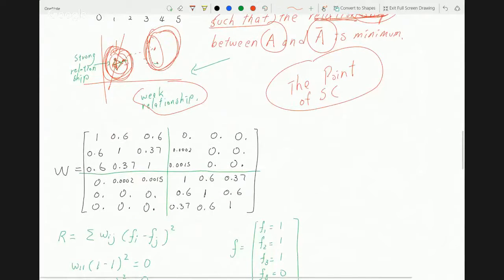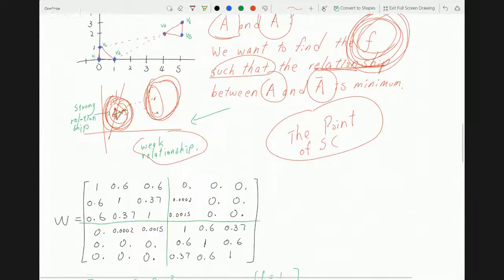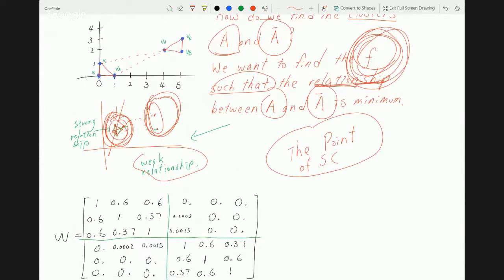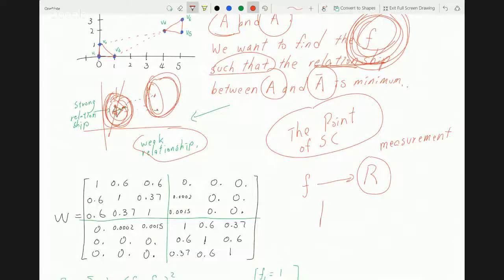Now, I'm going to argue that if we want to find a relationship, we have a solution F, and from the solution F, we want to get some kind of measurement. We'll call it R for relationship. If this R is a large value, it means the relationship is strong, which means the clustering is bad.